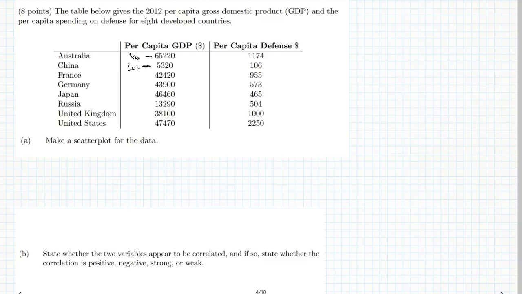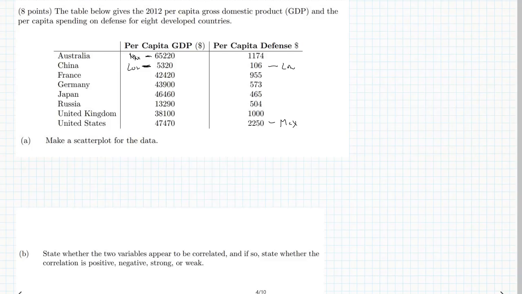Okay, and then when you look at the per capita defense, the low or the min goes right there, and then the max would be good old US of A down there. Okay, so when we're doing this, you can kind of get your scaling in place.